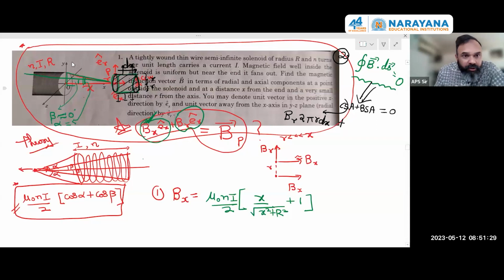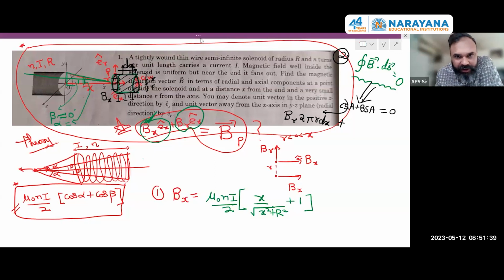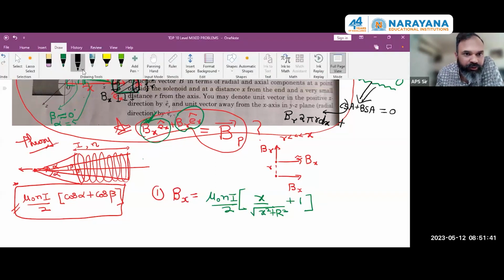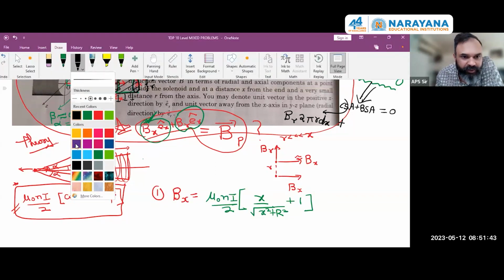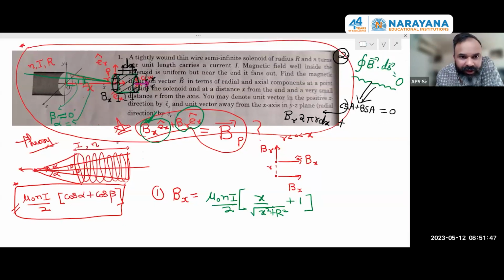Plus, from the base surface area, what will happen? Some field will enter like this, because I have got some B as a function of x. So by simple calculus, I can say if I move a distance dx forward, I'll have a new B here, that is B as a function of x plus dB as a function of x.